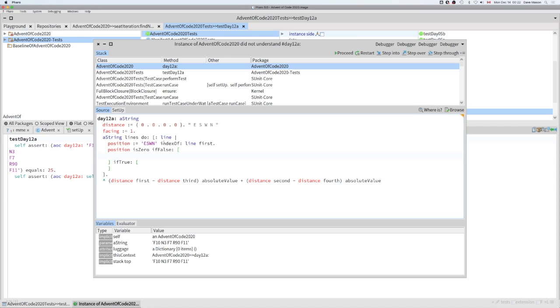So we'll just say distance at line, all but first, as number. Oops, no, at distance at position.